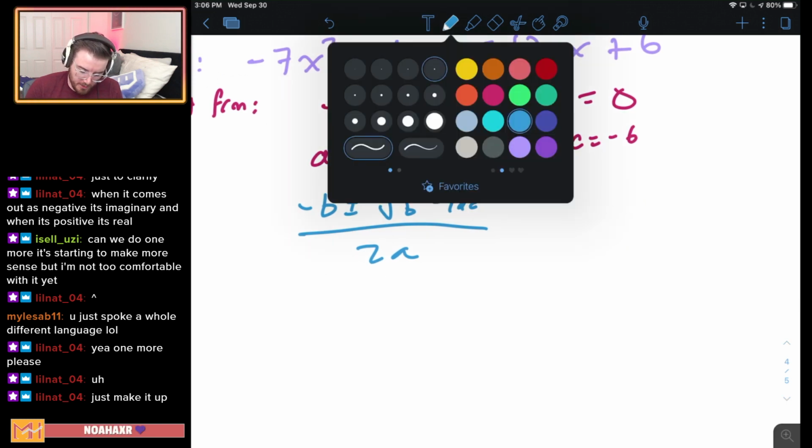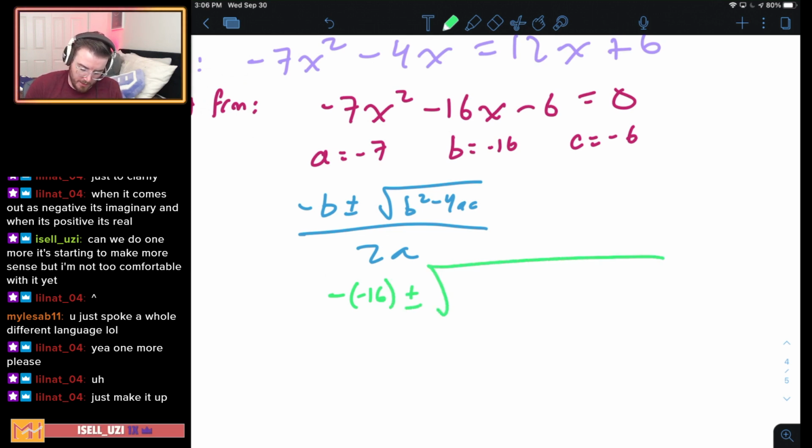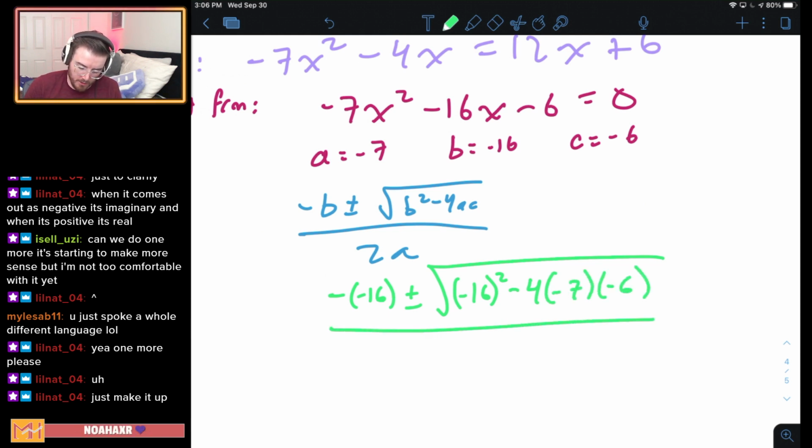So let's plug that in and see what happens. So negative 16 plus or minus the square root of b squared minus 4ac all over 2a.